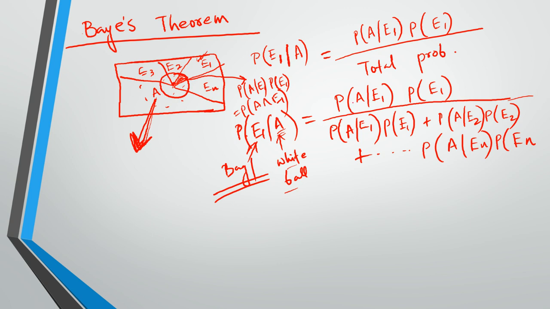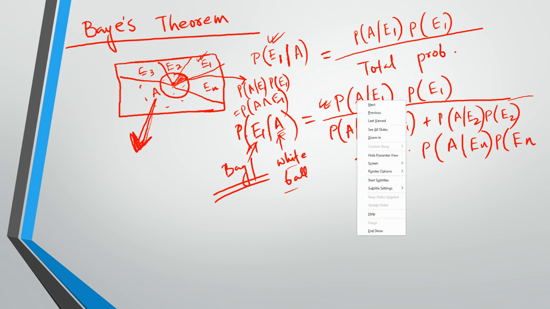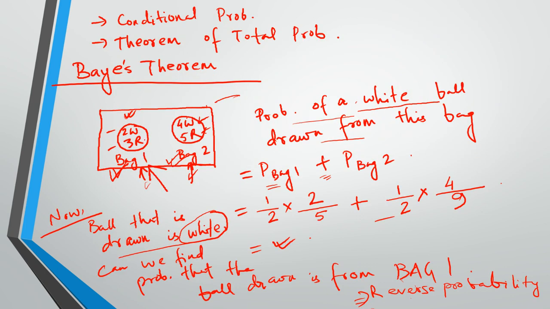The reason we wrote it like this is that, although this is the inverse probability, these are all straight probabilities. What is the probability of A given E1? That means what is the probability of a white ball drawn from bag 1? We know it. In the previous example, the probability of drawing a white ball from bag 1 is 2 by 5.